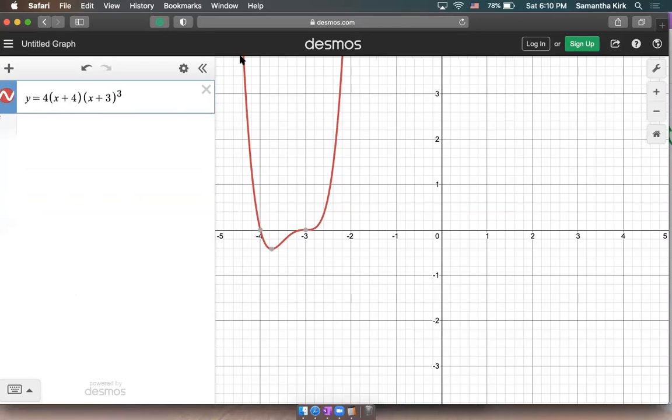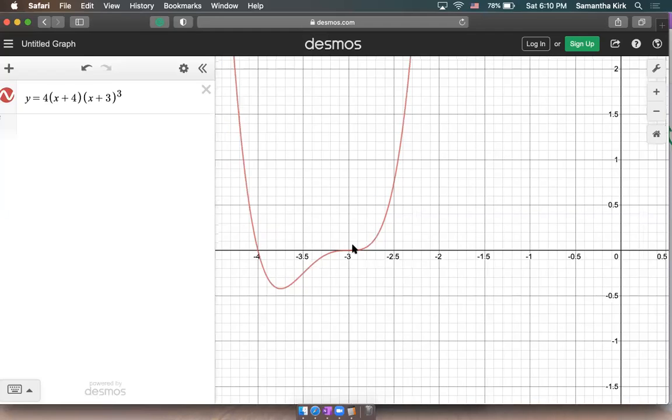And let's see what we have. We're going up on the sides like we expected. We go through both of these points, and look, we have one turning point. Here we have something interesting called a point of inflection, but it is not a turning point. So we go down like this, we get pretty close to this point, and then we go back up.